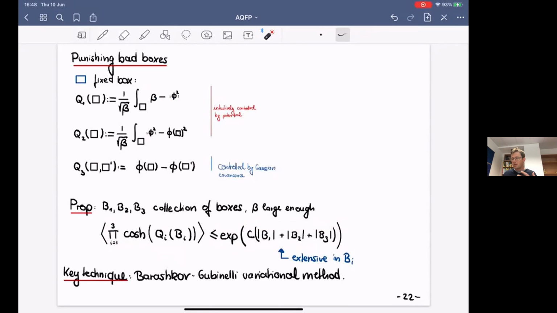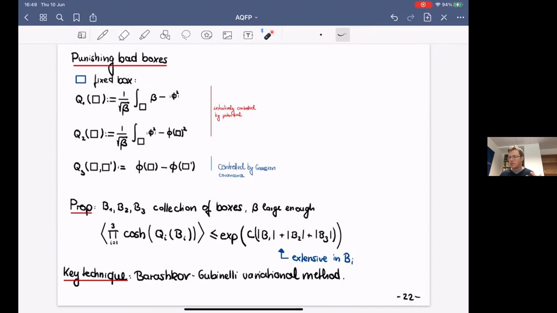It's important to contrast this with what was done in the 70s. An estimate very much of this spirit in the two-dimensional case was also present in the classical analysis by Glimm, Jaffe, and Spencer, so in that sense we're not being very original. But I think it was not completely clear how one would get something like that in the more complicated three-dimensional situation, with much more singular fields where expectations are much more difficult to estimate.